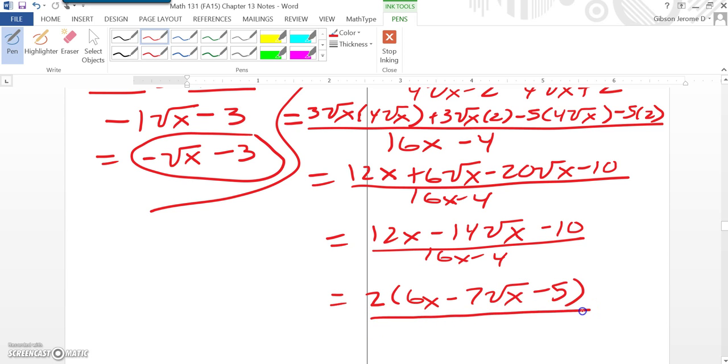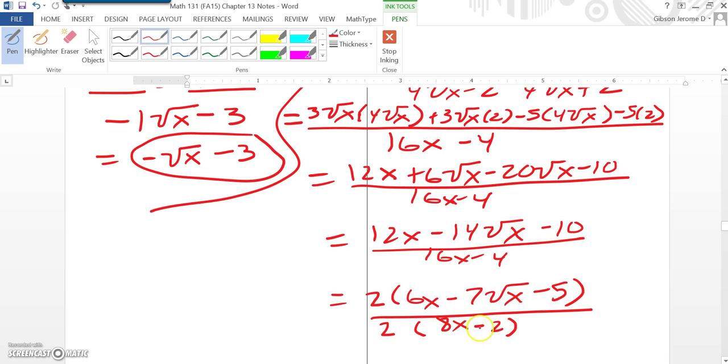But here in our denominator, which we normally don't do, 16x and 4, they both have 4 in common. Well, actually what would make it a little easier is this: since all we were able to factor out was 2 here, let's just factor out 2 here. Because we know that if we factor out 4, that will still leave us a parenthesis in the bottom.